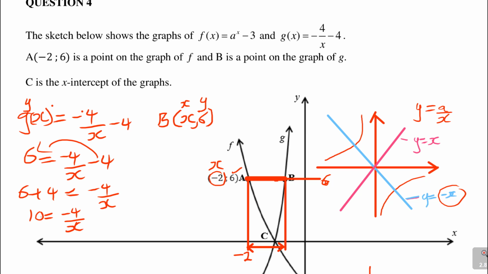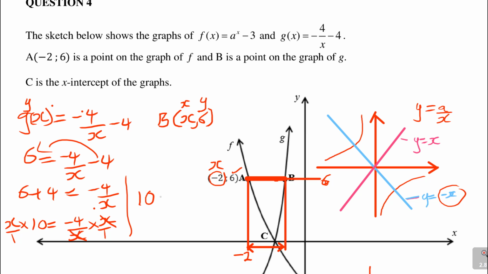Guys, it's algebra now. How do you get rid of x here? As I did previously, when it's a fraction like this, let me take it a little bit down, because some of you get confused now. When it's a fraction like this, you multiply by x over 1, the inverse. So you multiply here also by x over 1, so that you can get rid of that fraction. So what do you have?